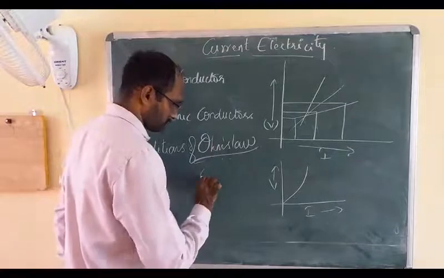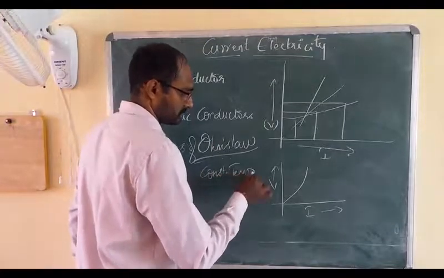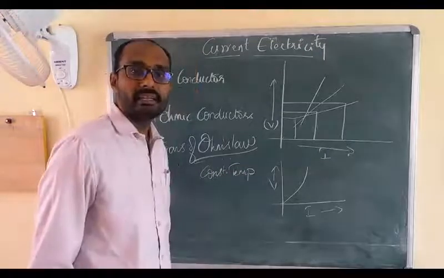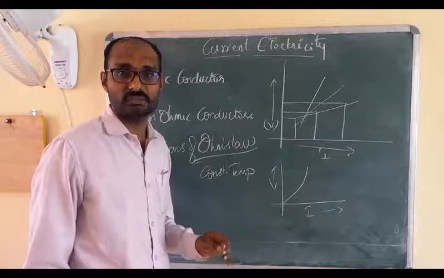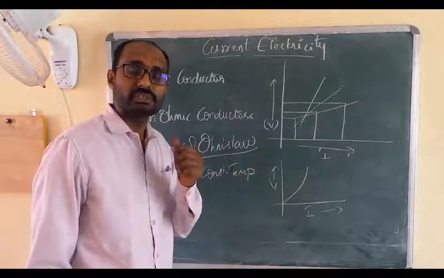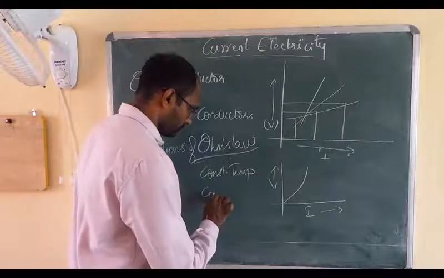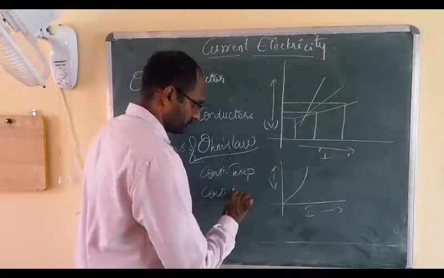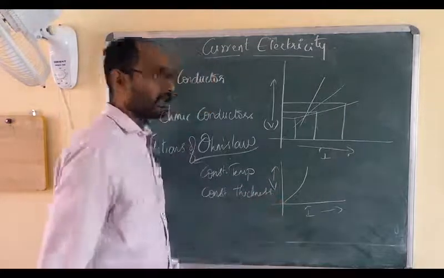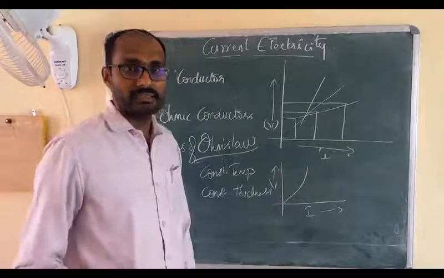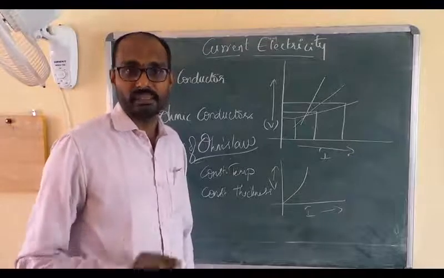The physical features, like the area of cross section of the wire and the thickness, should remain the same. And the material or conductor should not be a semiconductor.